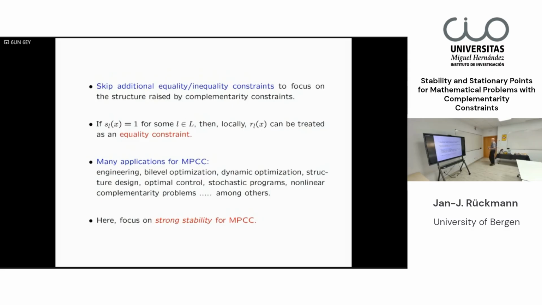If we are at the point here, which means only one of them is active, at least one must be active, obviously, because the product is 0. But here both are active, and if we are here or here, then locally this is like a standard optimization. So the interesting point for stability and structure properties is this point, when both are equal to 0.